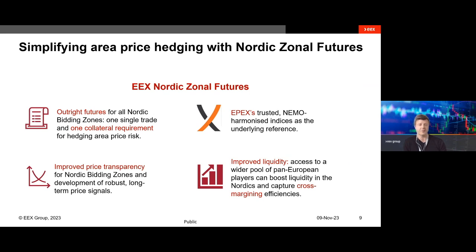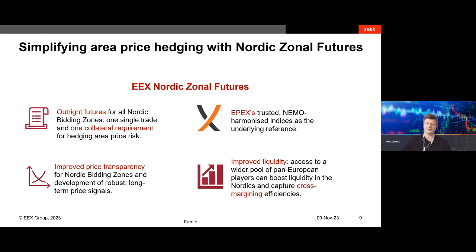They have trusted, harmonized indices. In this particular case, they will be providing the underlying reference prices for the futures market. And this also means for companies trading these markets that they are able to facilitate the physical delivery of these future products using the EPEX exchange. So with a combination of this, we're expecting, as I said, improved price transparency, clear signals, and thus improved liquidity for the Nordic market.